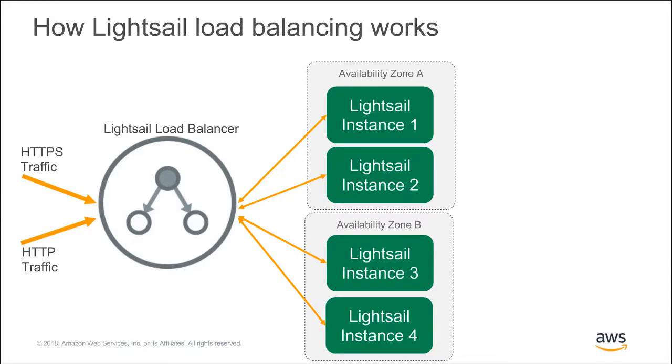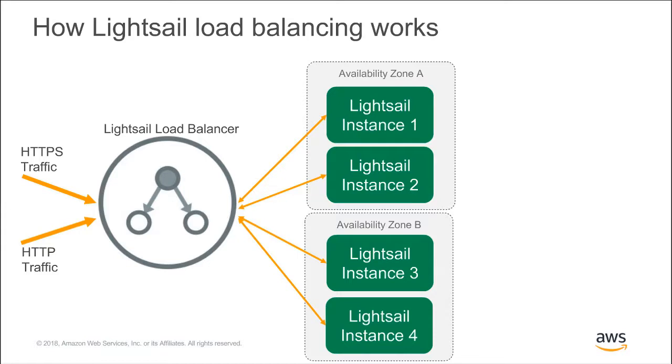So here's a little schema about how load balancing works. For those of you who are familiar with the AWS ecosystem and services, you know that we have 3 different flavors of load balancing today. This is how load balancing works within Lightsail.